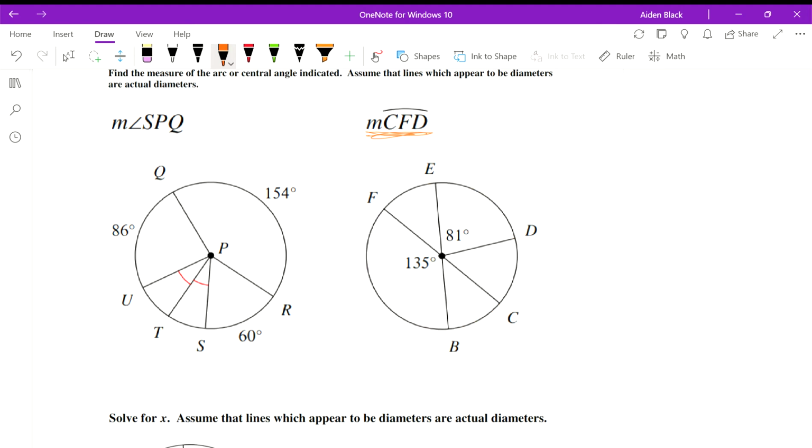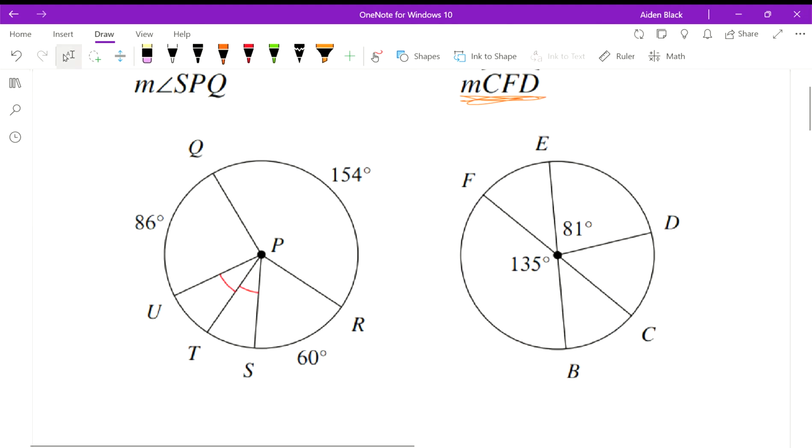So with this first one, we're shown a bunch of these angles, or arc measures, 60, 86, and 154. We're given all those.